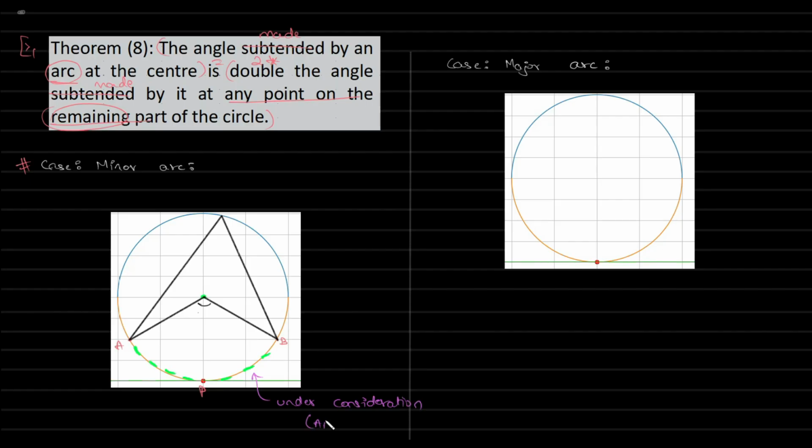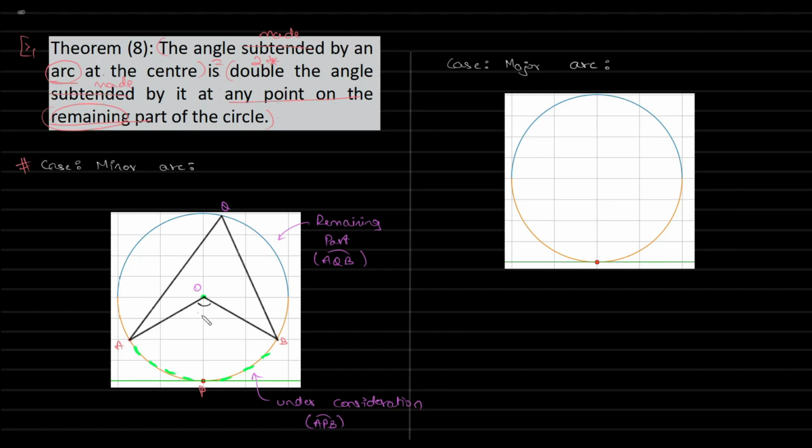So which arc? APB. So the remaining part will be, this is O, that's Q. The remaining part will be the other part. So that's AQB arc, or AMB, whatever it is.